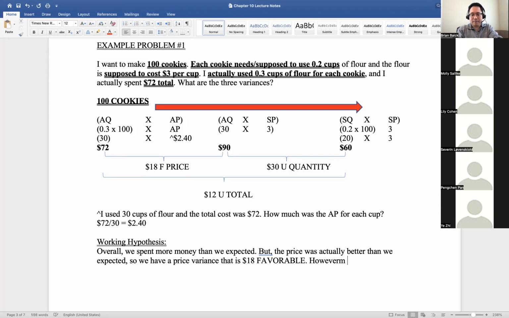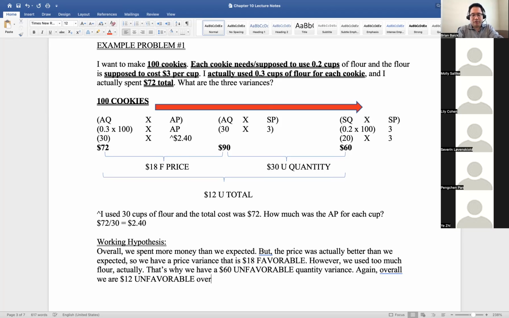However, we used too much flour, actually. Okay. That's why we have a $60 unfavorable quantity variance. Okay. Again, overall, we are $12 unfavorable over budget. Okay. Good. Okay.